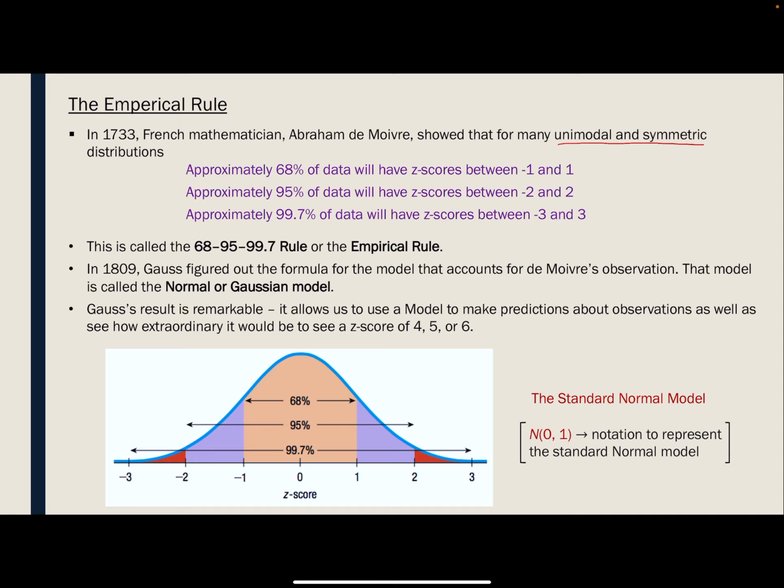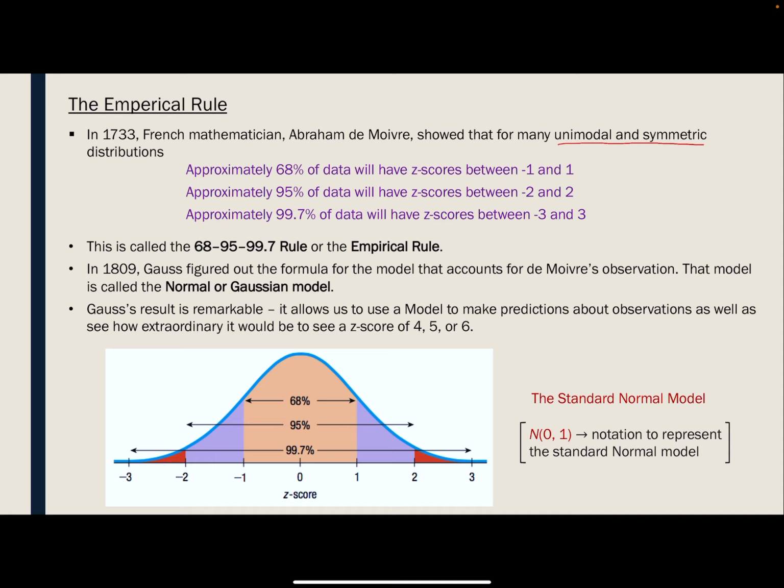A -1 is 1 standard deviation below the mean, -2 is 2 standard deviations below the mean, and -3 is 3 standard deviations below the mean. And you can see the 68, 95, 99.7 rule pictured in this model.